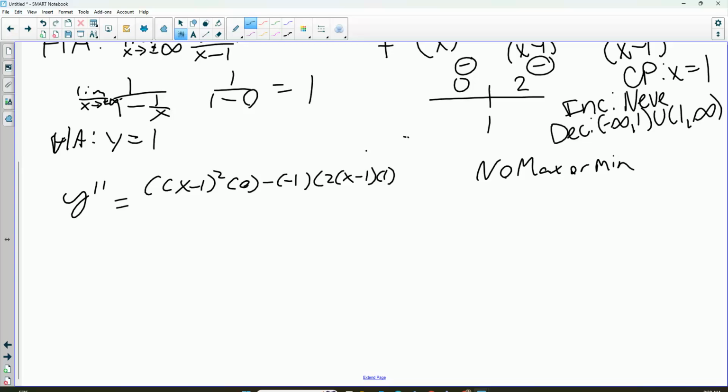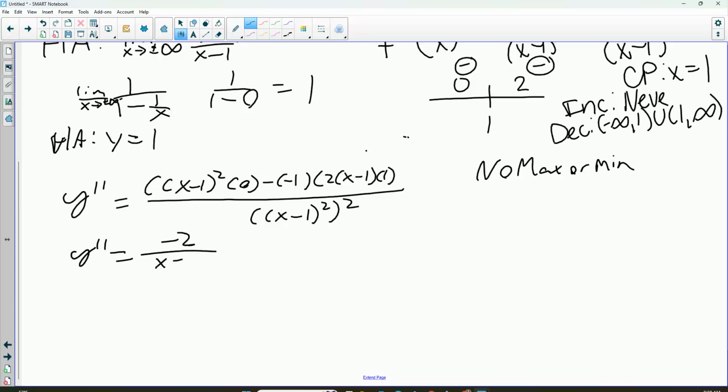Good. So you did the chain rule on that one. Which when you multiply that out and simplify it, it comes out to negative 2 over x minus 1 to the 4.